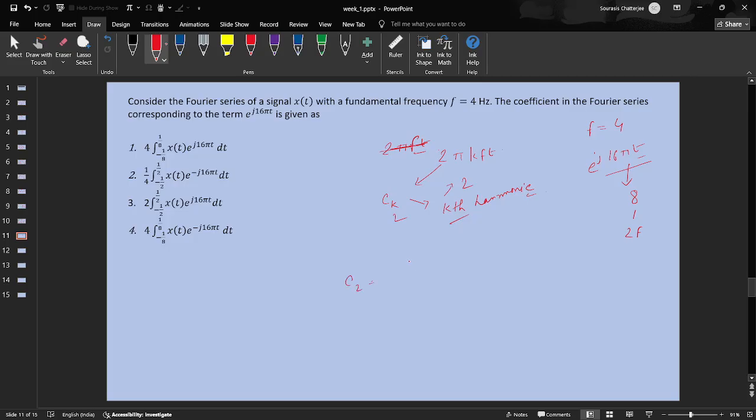So c_2 we can find as 1 over T times the integral of xt e to the power minus j 2 pi into 2f t dt. So what is the T here? 1 over 4, times xt e to the power minus j 16 pi t dt.